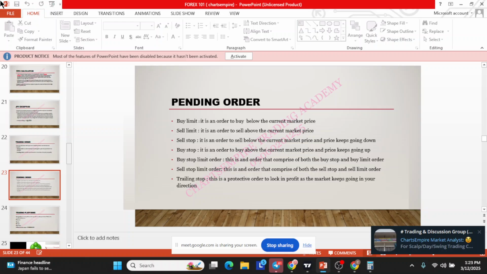It means you totally lose the money you used to purchase that product. So when you see that the expiration date is getting near, then you have to sell it at a price that is lower than what you purchased it. That is sell stop. Selling below the current market price.